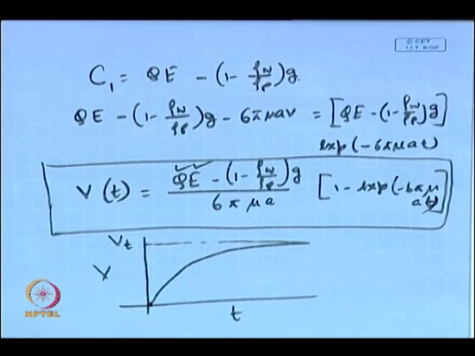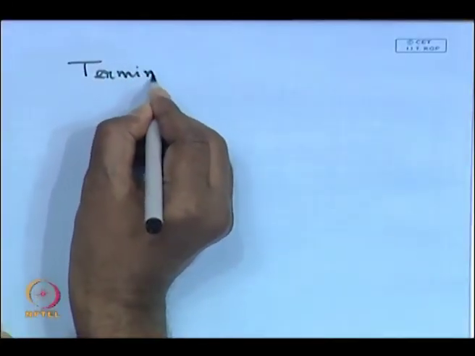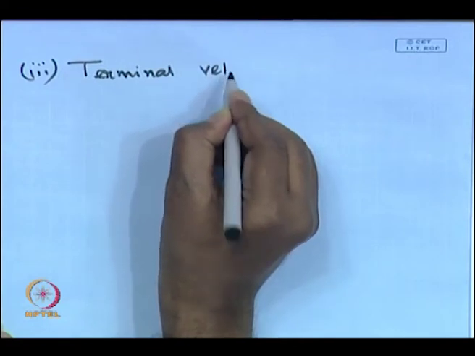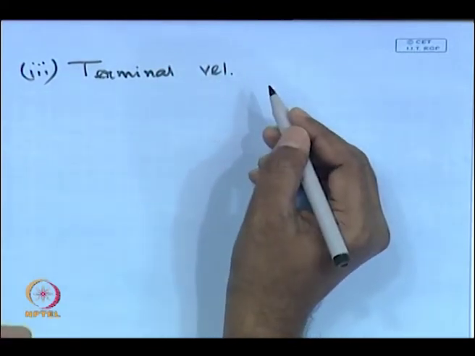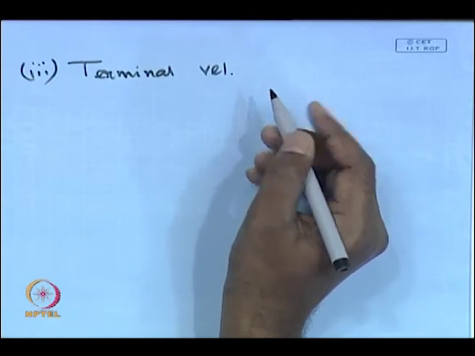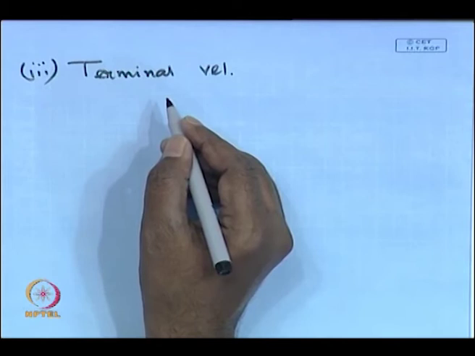Okay. Now, once we do this, the next point is very simple. What is the terminal velocity? Part 3. When t tends to infinity, the velocity becomes the terminal velocity, or you can find out from another point of view that at terminal velocity dv dt will be equal to 0. There is no acceleration, it is having a constant velocity.